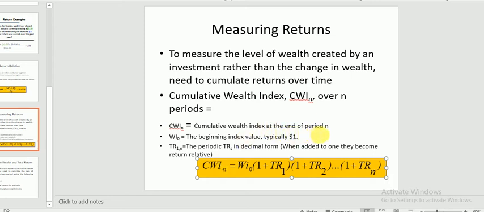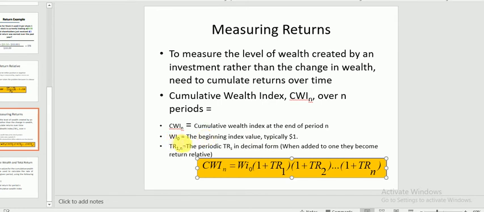At the end of the period, n is written, so the nth time period, maybe 2 years, 2 months, 4, 5, 6, whatever. WI0 is the beginning index value, the wealth index at time 0.